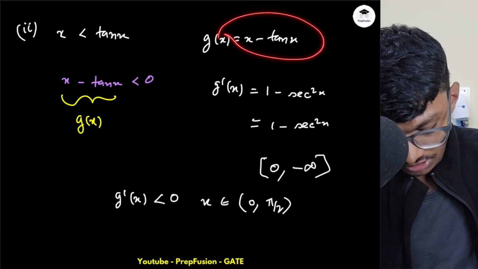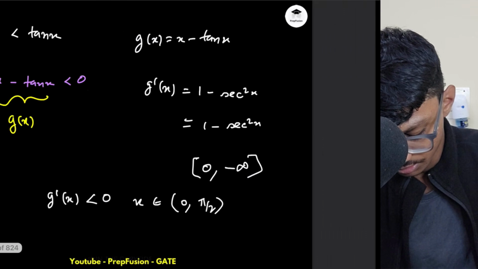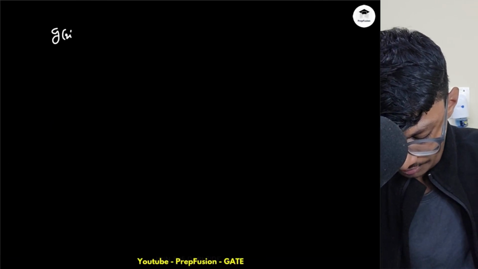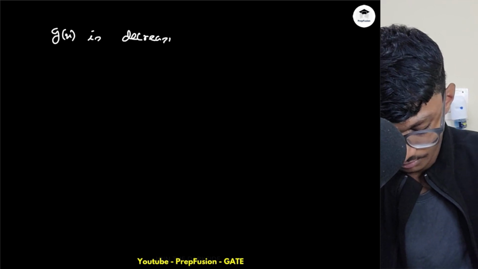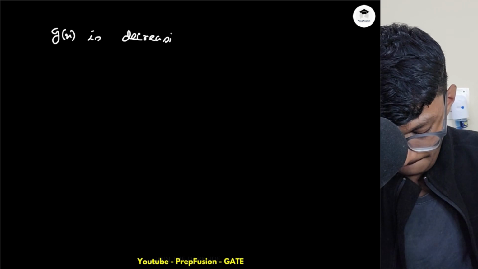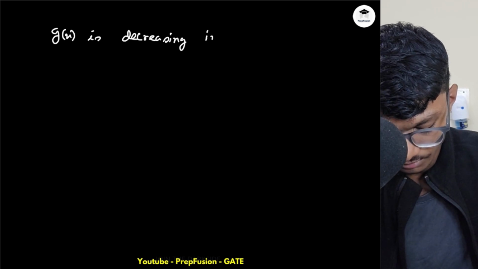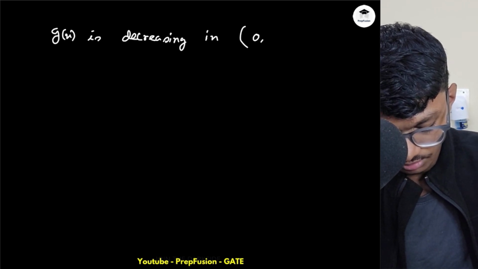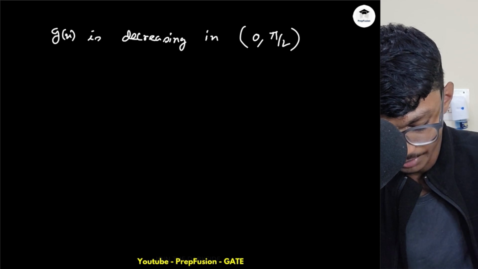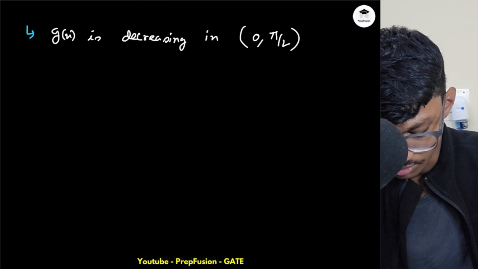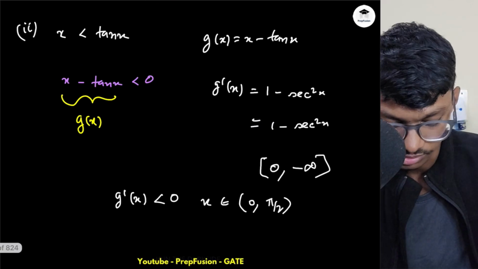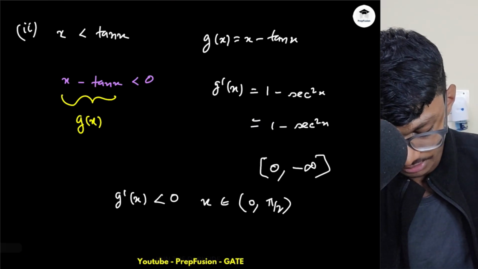So this function g of x is decreasing in 0 to pi by 2. Okay, g of x is decreasing in 0 to pi by 2, and yeah, that is the case.